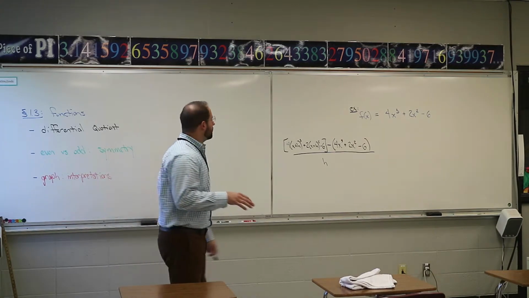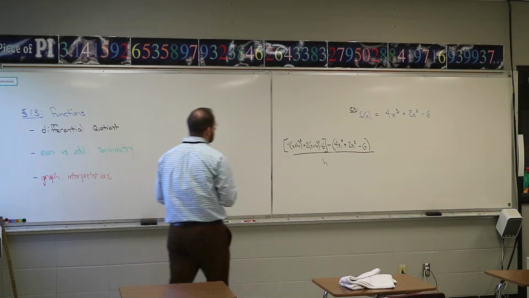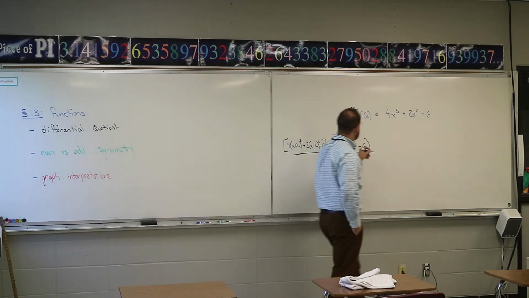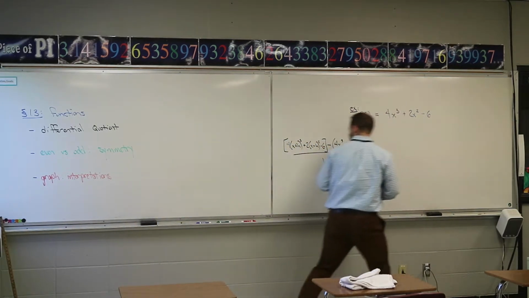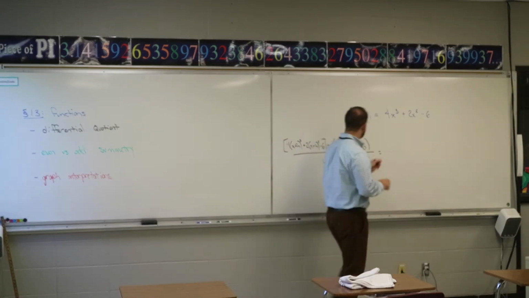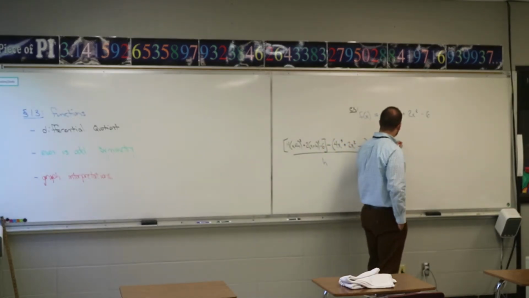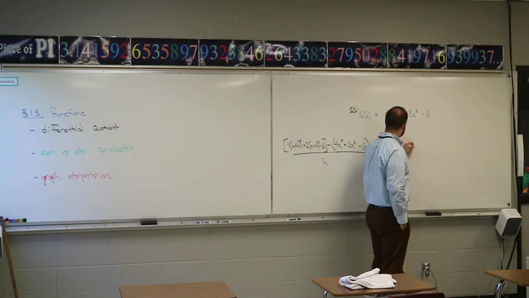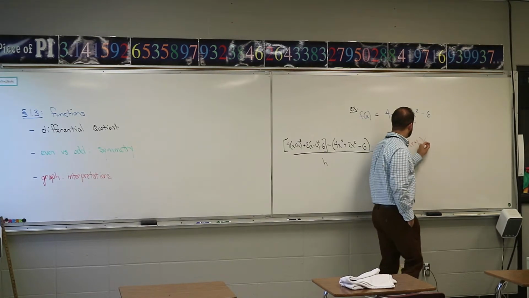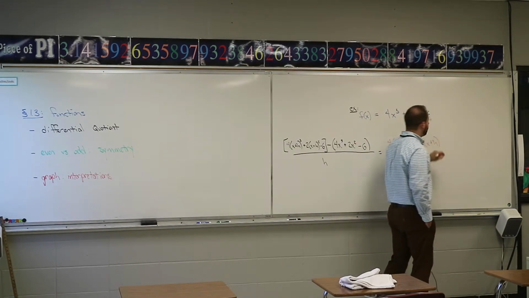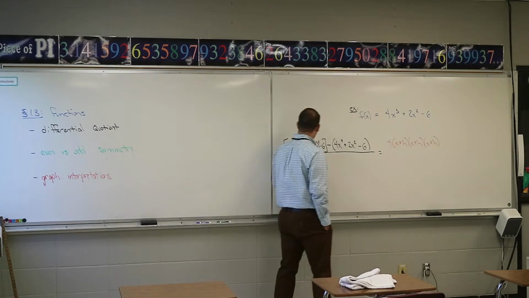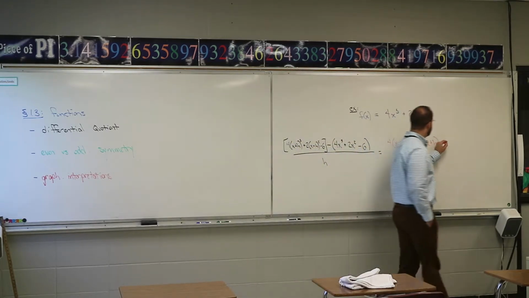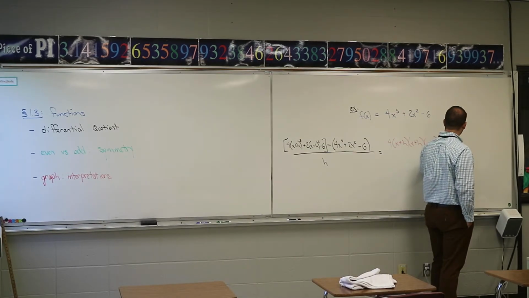Okay, so going through this, let's write this out. What this means is I have 4 times x plus h times x plus h times x plus h. There's 3 of them, right? I have plus 2, and now I have 2 parentheses, x plus h, x plus h.